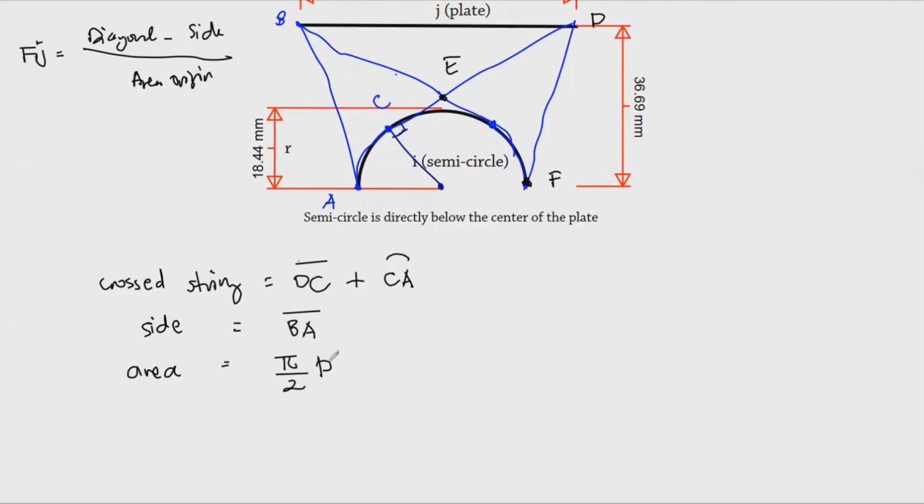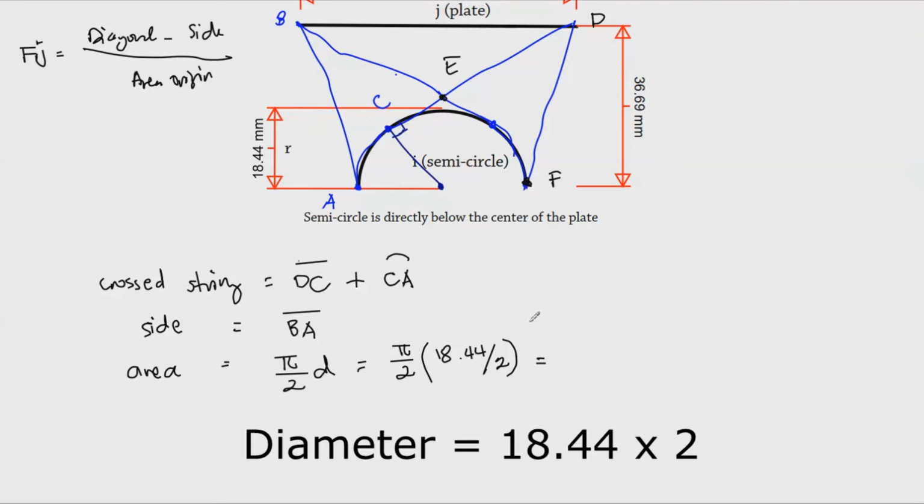So let's just use small d. We can give the value of this, so that's pi over 2, and then the diameter is actually equal to 18.44 over 2. So we have 4.61 pi.